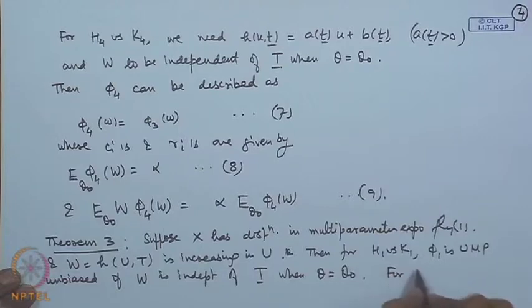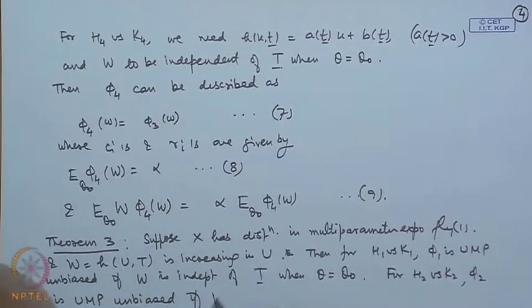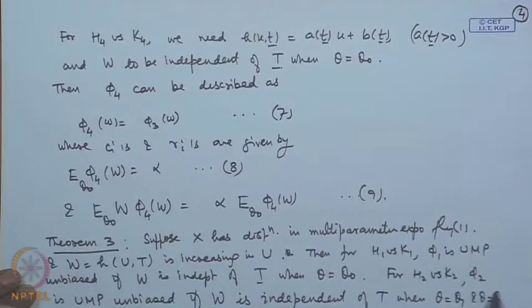For H2 versus K2, phi 2 is UMP unbiased if W is independent of T when theta is equal to theta 1 and theta is equal to theta 2.